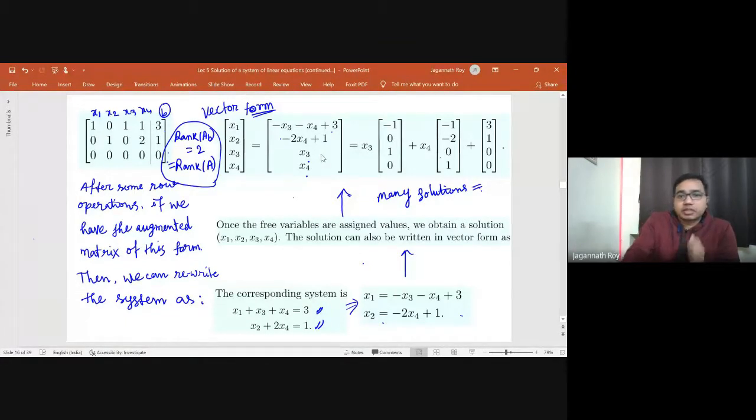Let me just tell you who will be on the left hand side, and which are the variables that will be written in terms of the others. These particular variables will be called basic variables, and these are called non-basic.